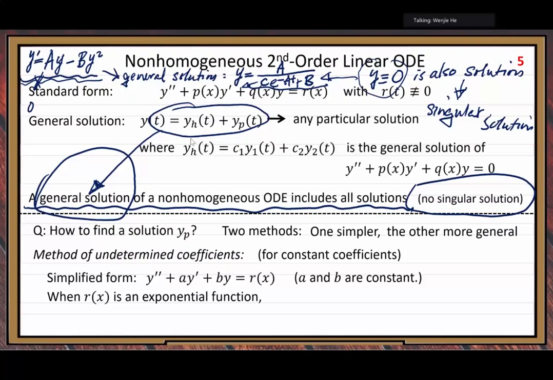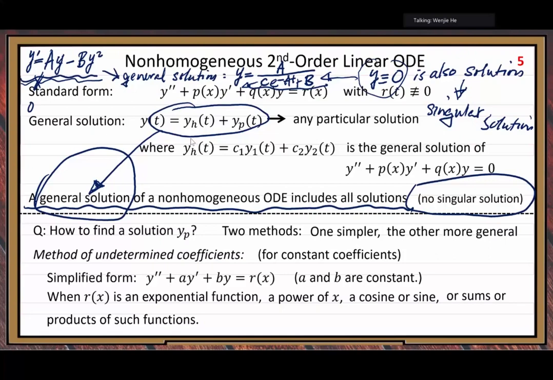The second, a power of x function. Another commonly used case, cosine or sine function. These are commonly used choices for r functions.